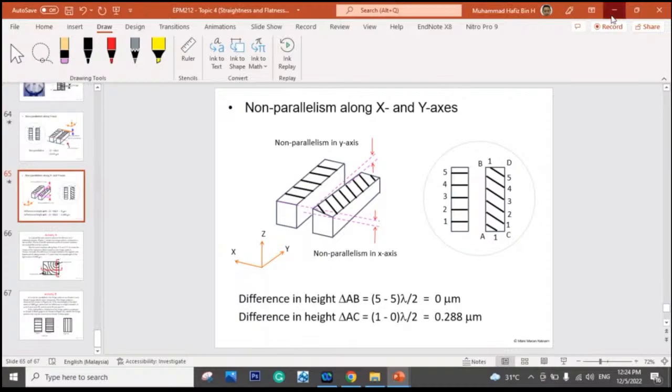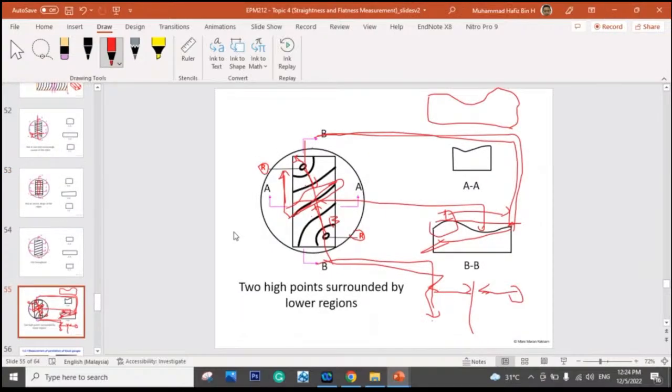Okay, so no worries about this. So you have time to digest and try to find various cases so that we can have a discussion on it. Okay, so the basic thing is you have to know how to identify the peak point and the low point. That is the main objective, the learning outcome of this.